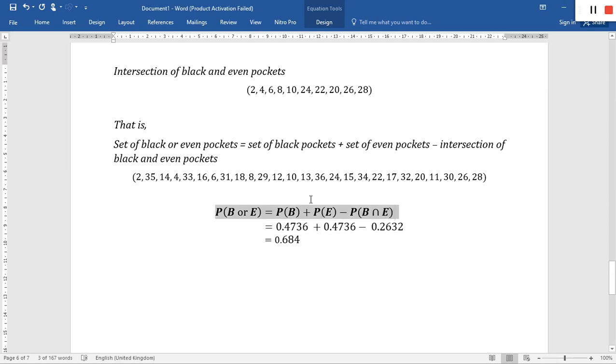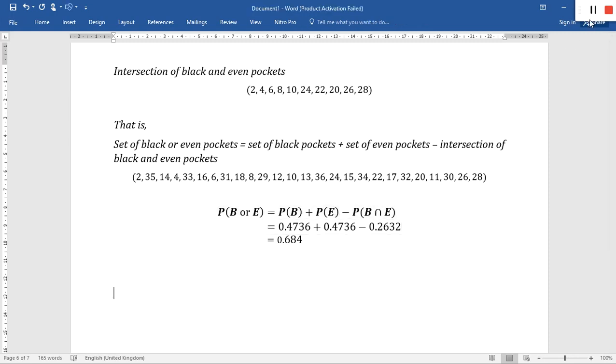It's not very different from computing the probability of two mutually exclusive events. You can still use this formula. The only thing is that you're going to have 0 here. But for events that are not mutually exclusive, you'll not have 0 here. The reason being that you have duplicates, those that fall at the intersection. We have to subtract the intersection. That's very important.